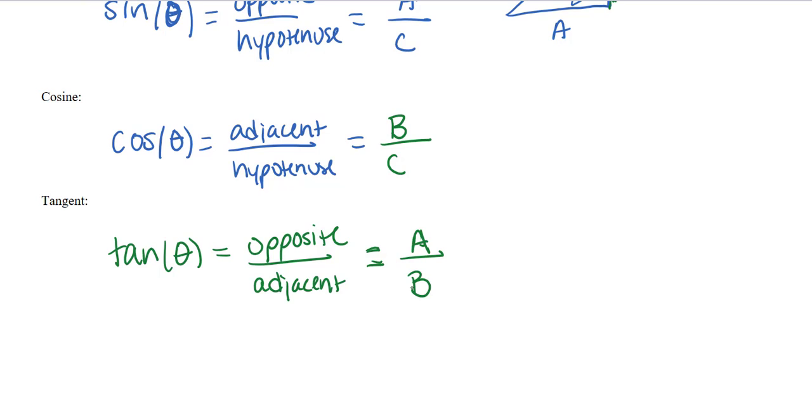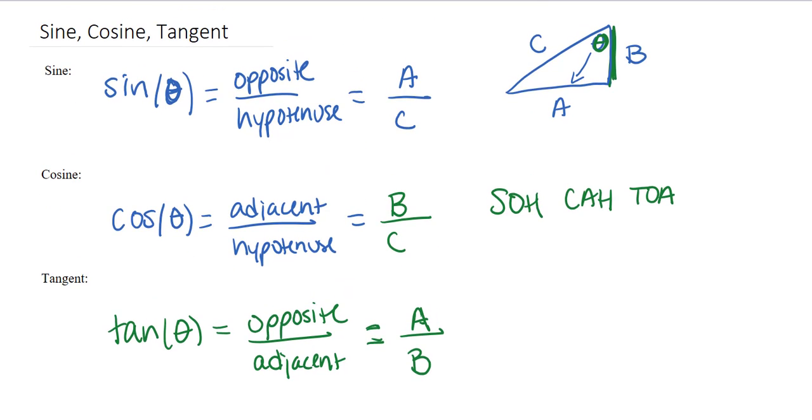Now, there's also a little saying that you can use: SOH CAH TOA. Now, this might be helpful for you, but if you think about it, if we go back to sine, sine is opposite over hypotenuse.